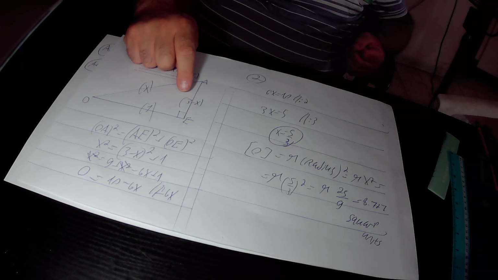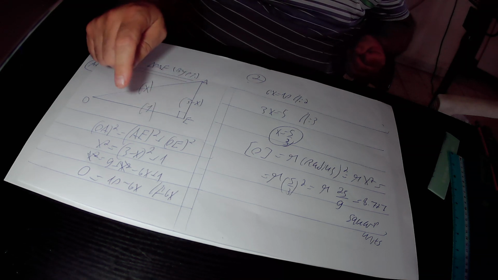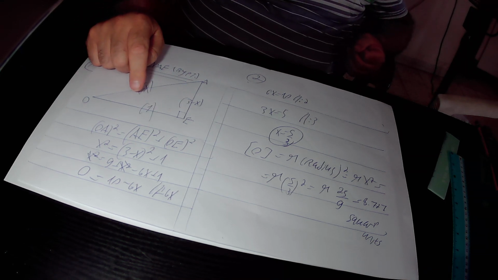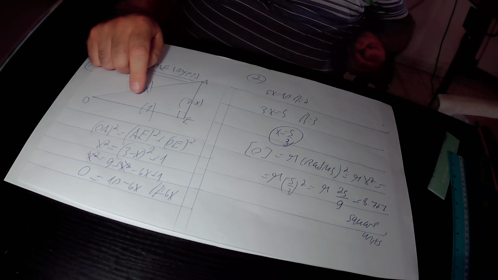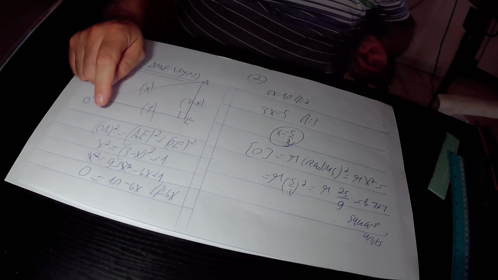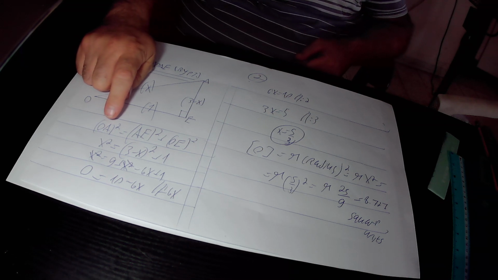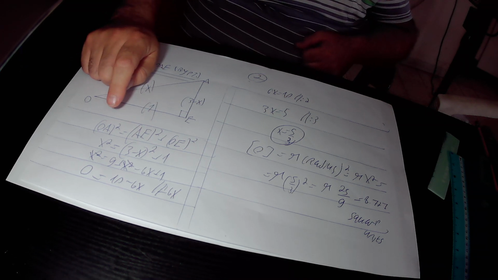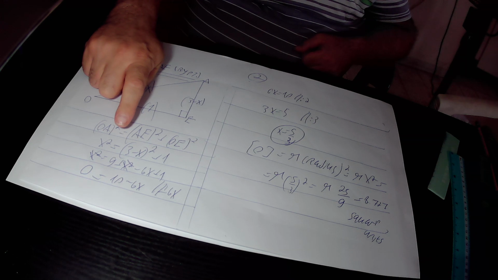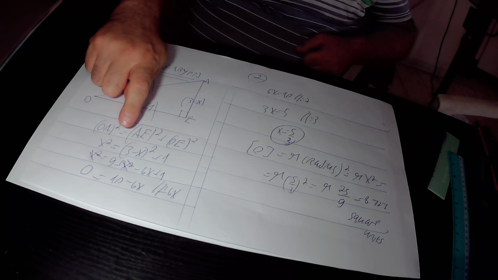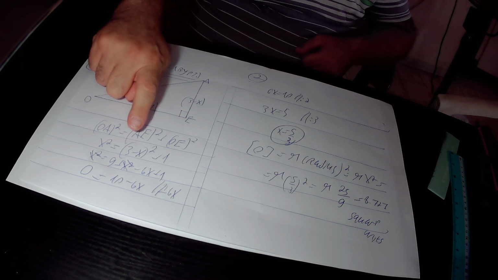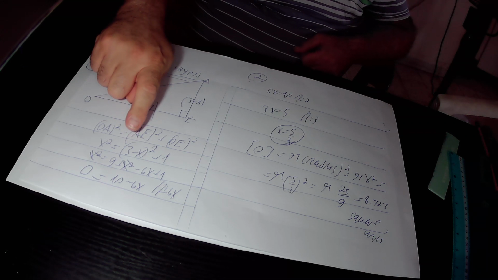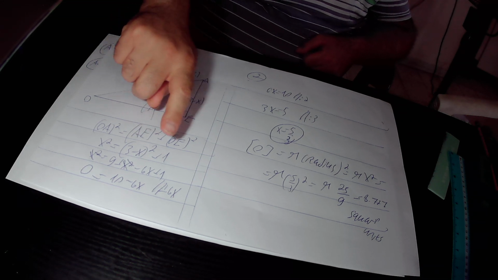AE is 3 minus x, therefore AE square is (3 minus x) square, plus OE square. OE is 1, therefore OE square is 1 square, that is 1. So in total, we found out that x square equals (3 minus x) square plus 1. (3 minus x) square is equal to 3 square, that is 9, plus x square, minus 2 times 3 times x, that is minus 6x, plus 1.